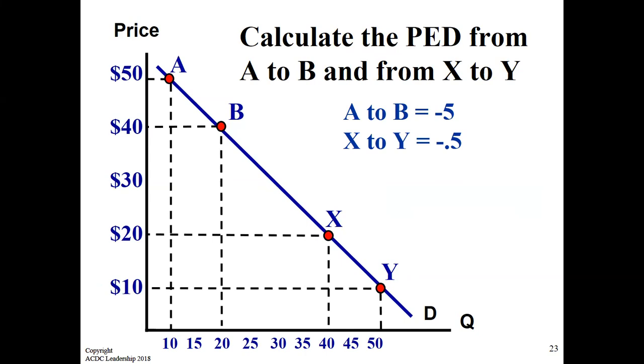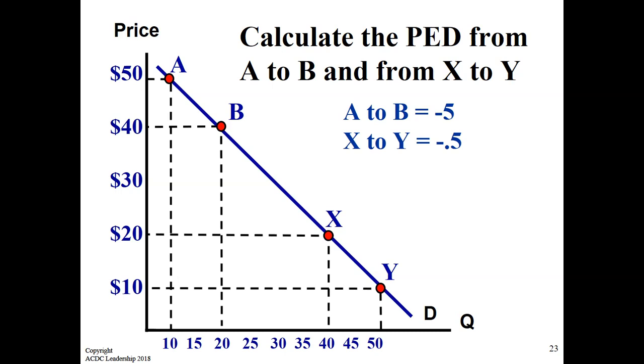So the new is 20, the old is 10, over the old. That's going to give us 10 over 10. It's going to be 100%, right?